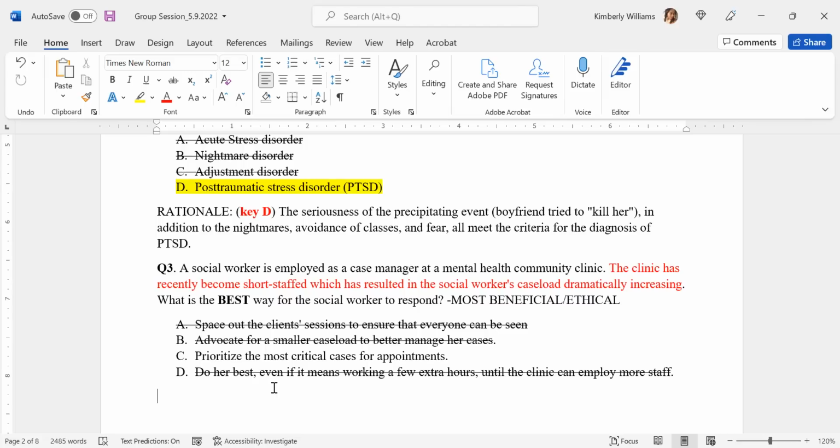So if you be like, oh, well, I'm only gonna see Susie, Joe, and Billy because they got all this going on, I'm not gonna see her because that ain't really that important, she can wait for that. You see how that sounds or looks? That doesn't sound ethical.